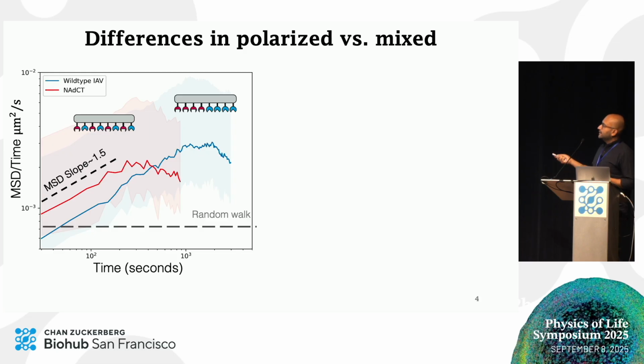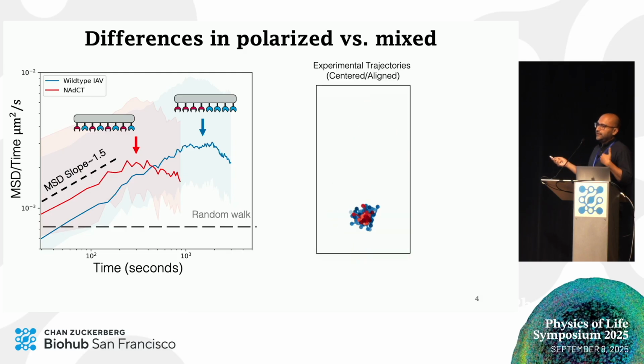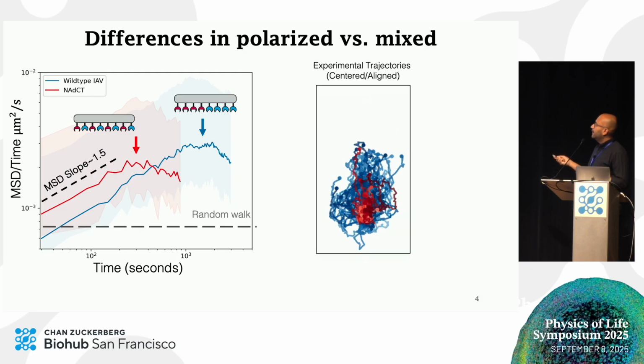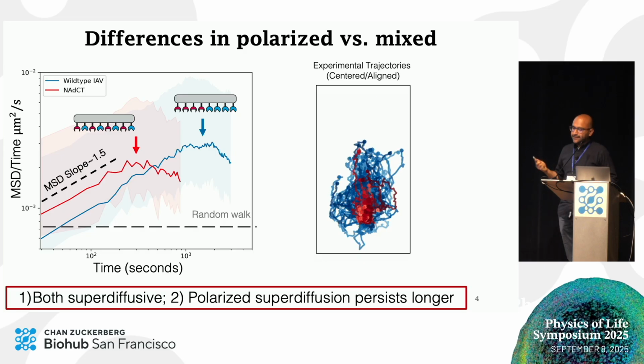Even in that case, the slope is around 1.5. However, the superdiffusion persists for much longer in the wild type versus the mutant. You can see that in this visualization of the experimental trajectories, where the polarized trajectories travel further and can explore more space. So how do we explain this?